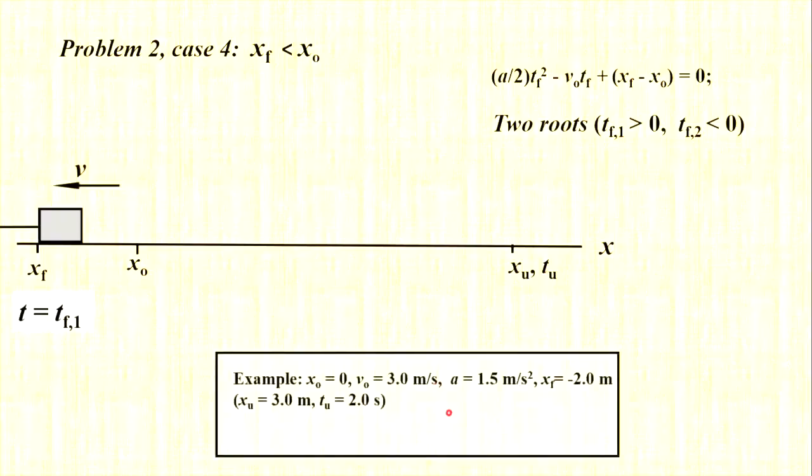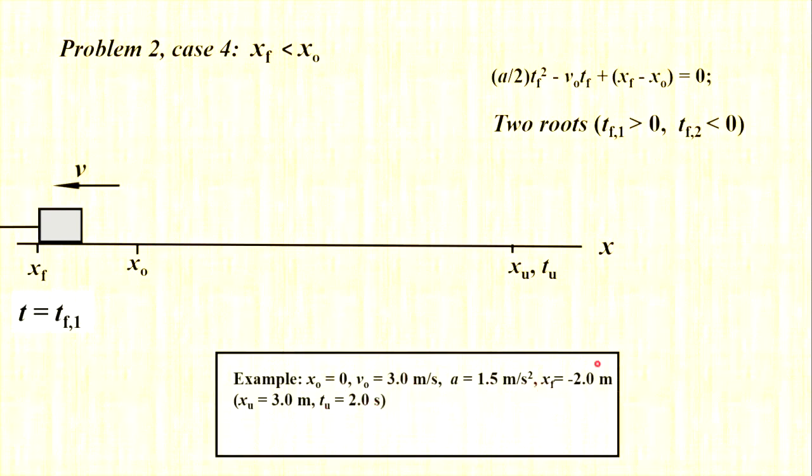As an example, we consider again the initial conditions which we used previously and which lead to a U-turn point at position 3.0 meters and time to arrive at this point 2.0 seconds.